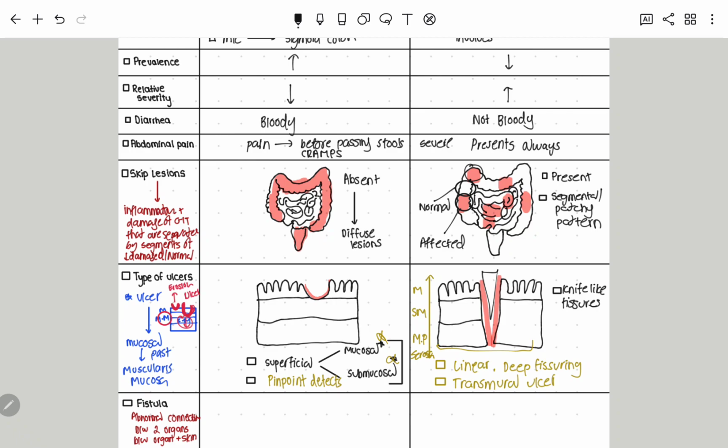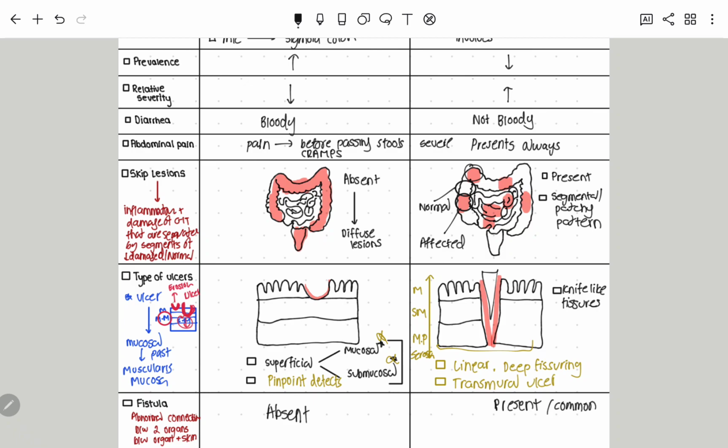If you're having an abnormal connection running from one organ to another, you would imagine that it needs to have a deep defect that runs through the entire wall of the bowel in this case. And so quite easy to understand that a fistula will normally be absent in ulcerative colitis but present or a likely complication in Crohn's disease. So it's relatively common in Crohn's disease.